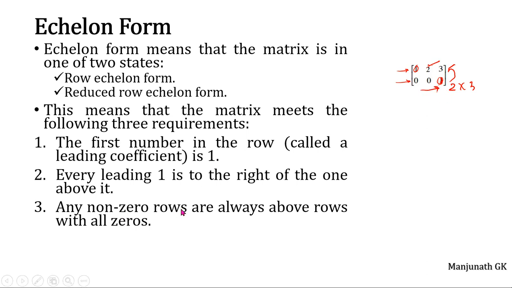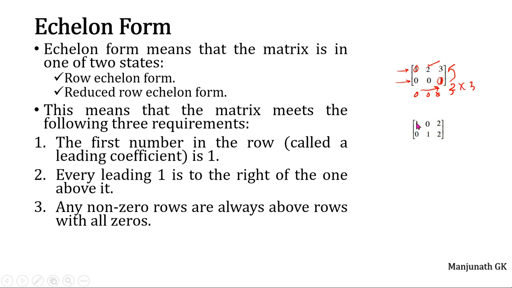Third condition: any non-zero rows are always above the rows with all zeros. Here the third condition is not applicable. If it had a 3 by 3 matrix, a row with a one is a non-zero row, and it should be above the zero rows.